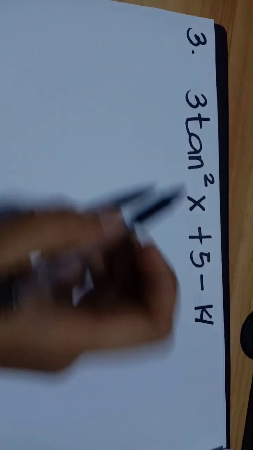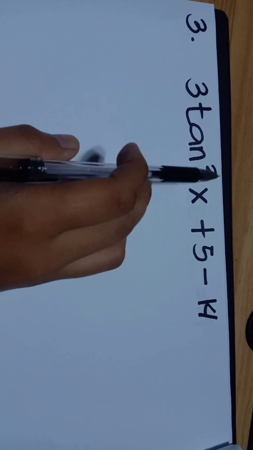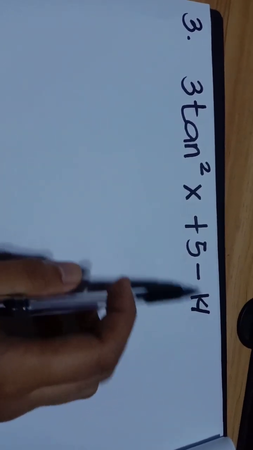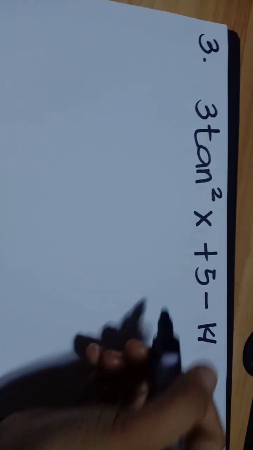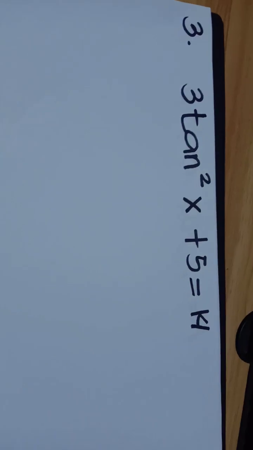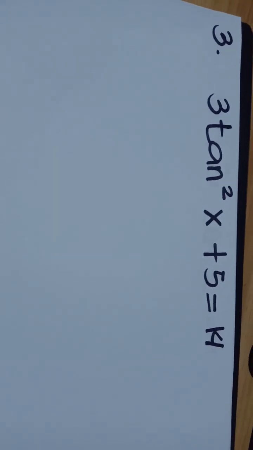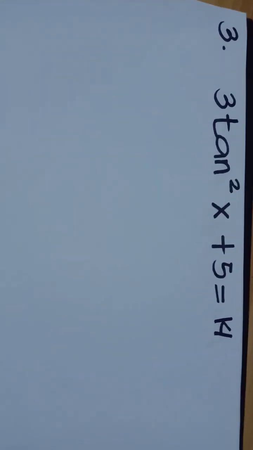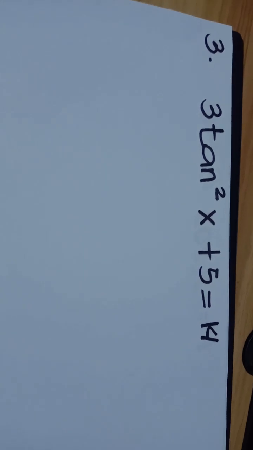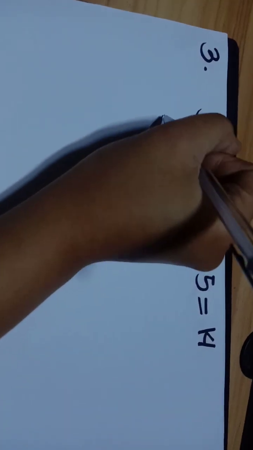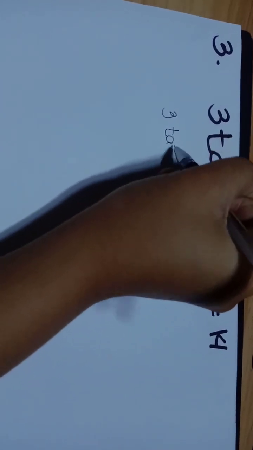Okay, example number 3. 3 tangent squared x plus 5 equals 14. Sorry, my mistake. Now you have 2 minutes to answer this. Okay, time's up. Let's see if you got the correct answer.